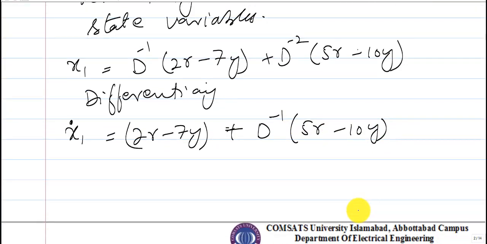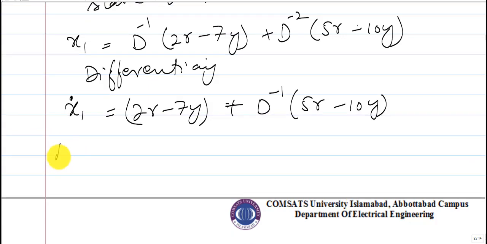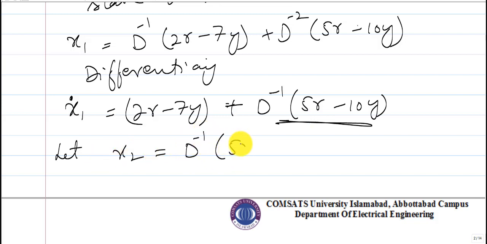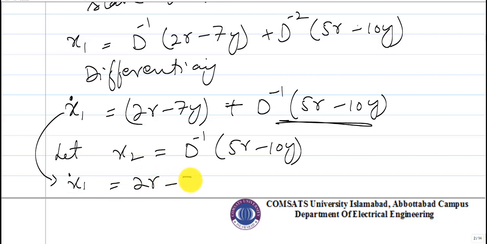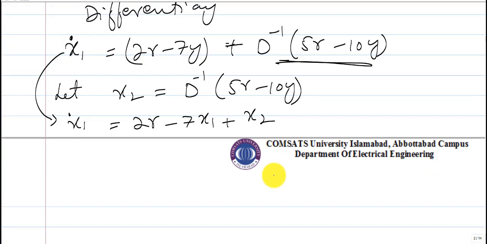Now we define this part as x2, that is, x2 equals D⁻¹(5r − 10y). So this equation becomes x1 dot equals 2r minus 7x1, since y is x1, plus x2.